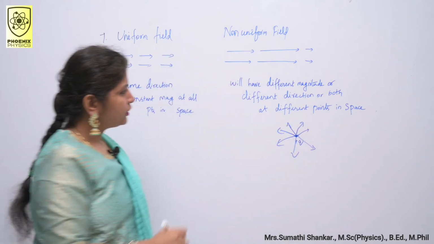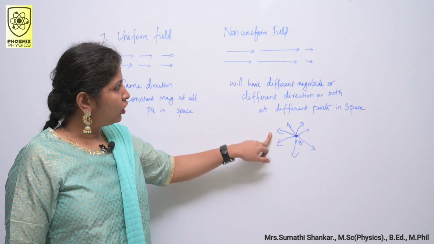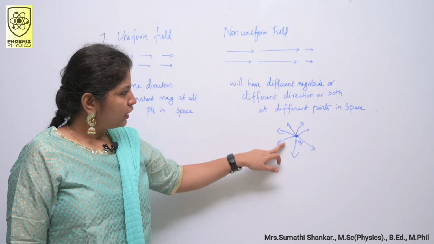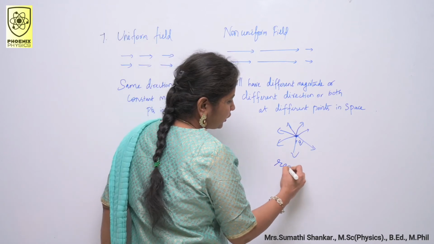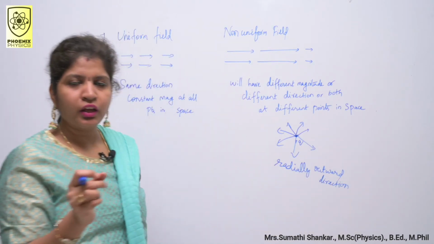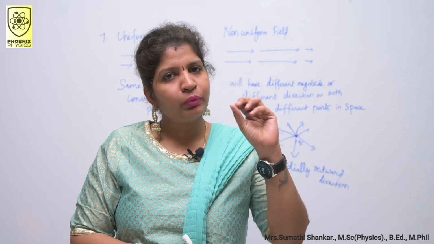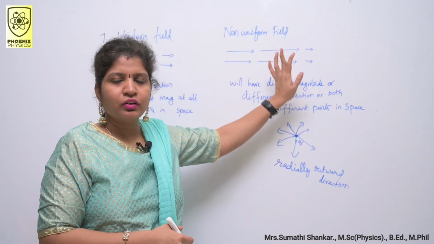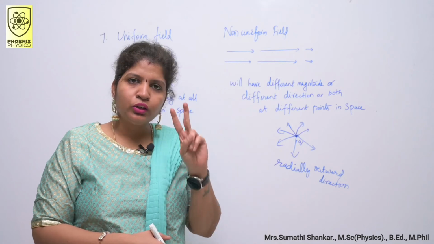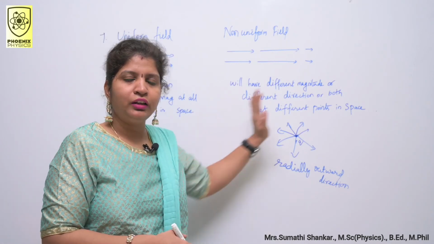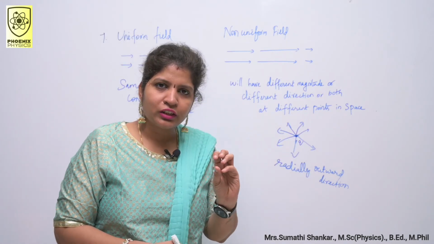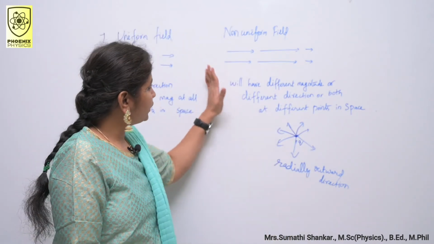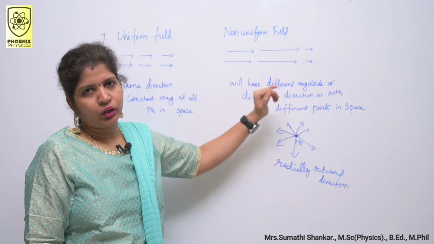So it has different direction or different magnitude or both at different points in space. This is the radially outward direction. In general, we can say the electric field created by a point charge is a non-uniform electric field only. This is our conclusion. So totally we have two types of electric field, uniform and non-uniform, but in general the electric field created by a point charge is basically non-uniform electric field only.